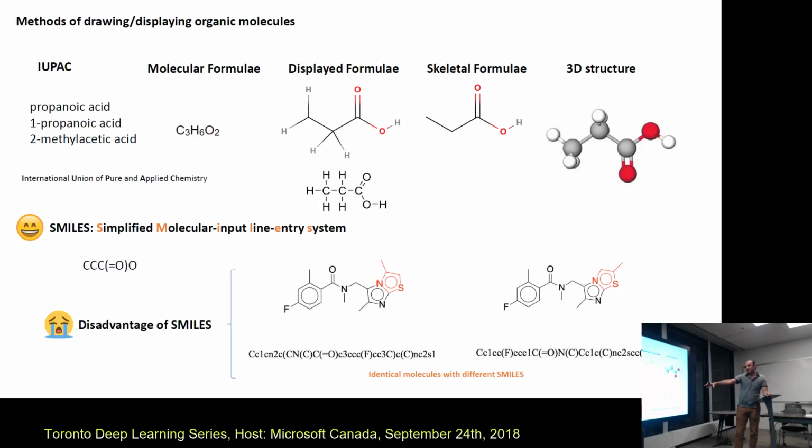Now, there's a disadvantage to using SMILES. The main disadvantage is that the majority of these modelings happen using NLP-based ideas. In the case of SMILES, despite the fact that two molecules can be completely identical, their SMILES representation could be different.